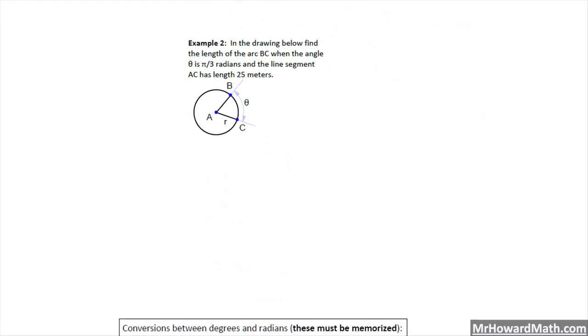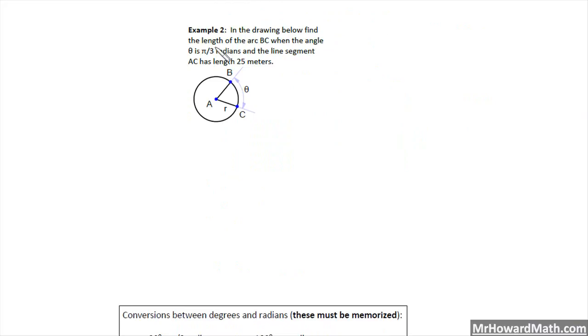Alright, let's look at example 2. In the drawing below, find the length of the arc BC, so this distance, when the angle theta is pi over 3 radians. So theta equals pi over 3 radians. We need to make sure it's in radians if we're talking arc length, radius and angle measure in combination, because the formula, theta equals arc length divided by the radius, requires that the angle measure be in radians.